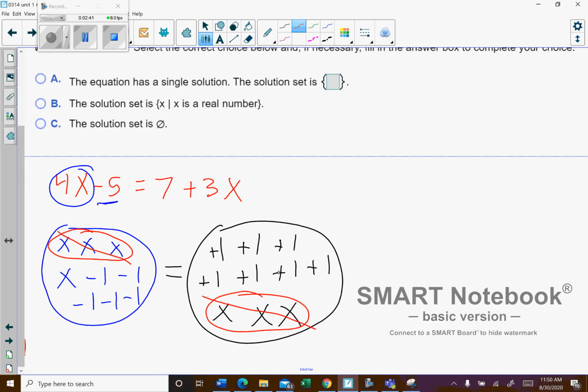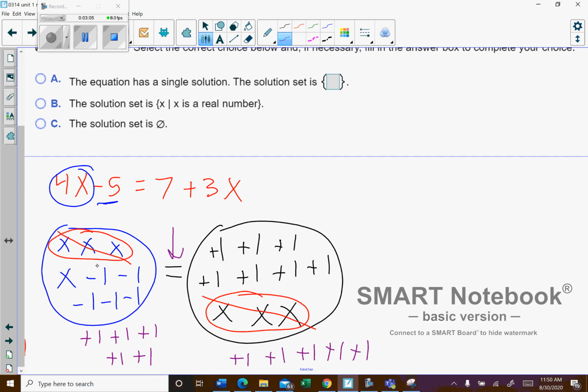Now, what I'm going to do here is to nullify those minus ones, I'm going to insert some plus ones. So basically, I'm going to add 1 5 times here. But in order to preserve the equality, I'll have to add some ones to the other side. So I'm going to have to add 5 of them to the other side. Okay?